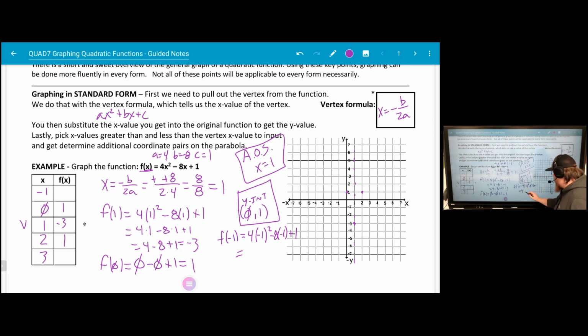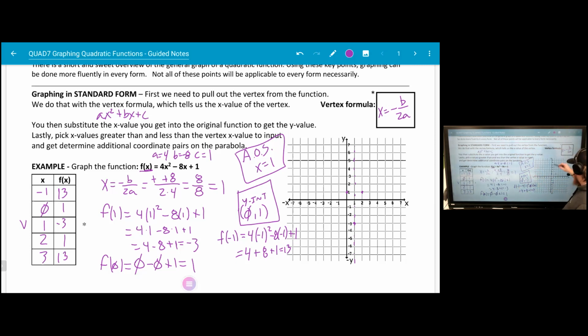Minus 8 times -1 becomes plus 8, plus 1, which gives us 13. So when x is -1, y, or f of x, is 13.